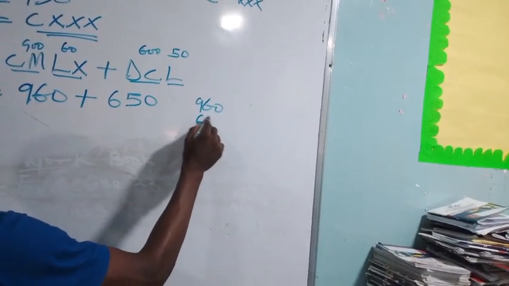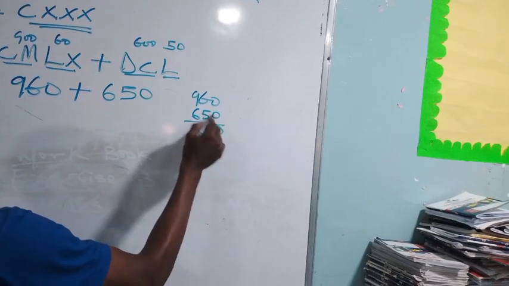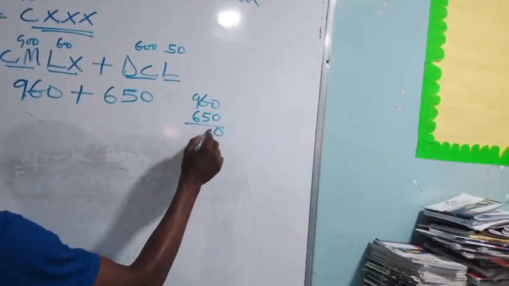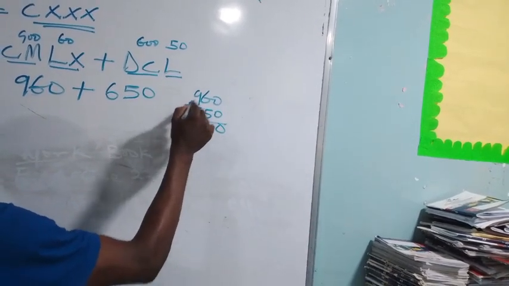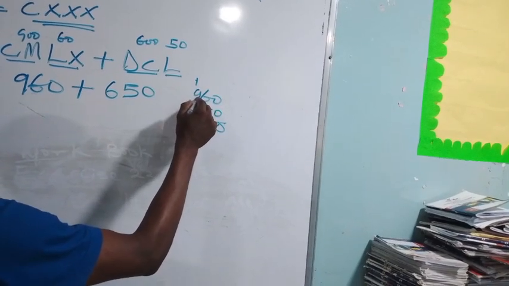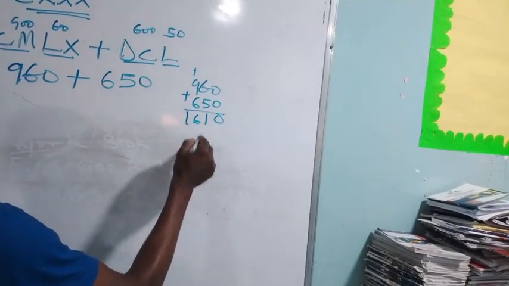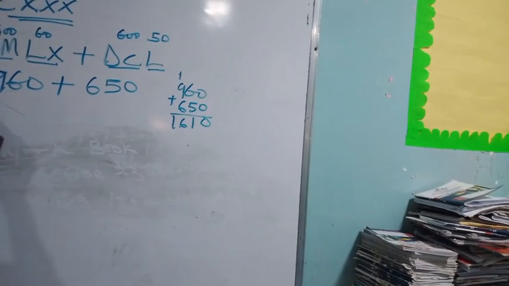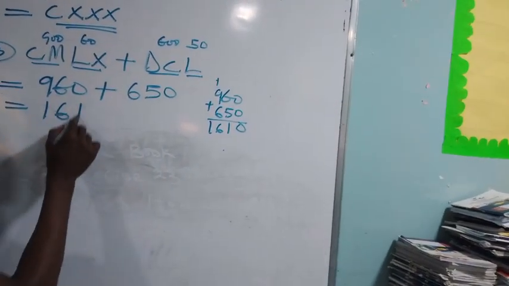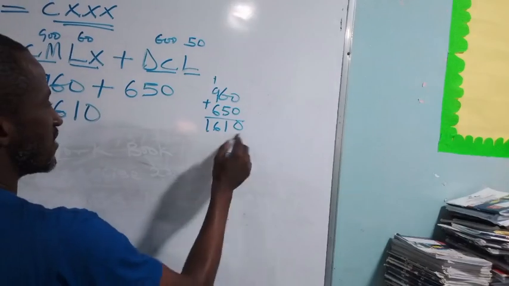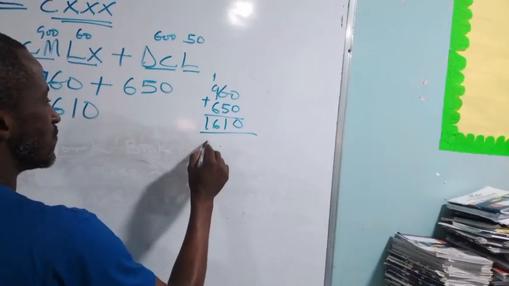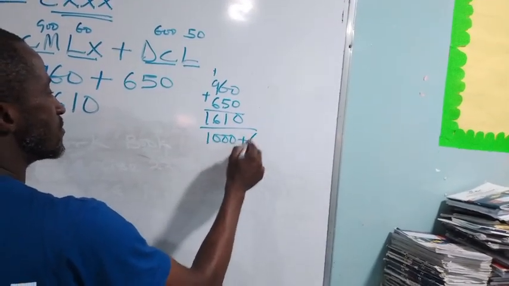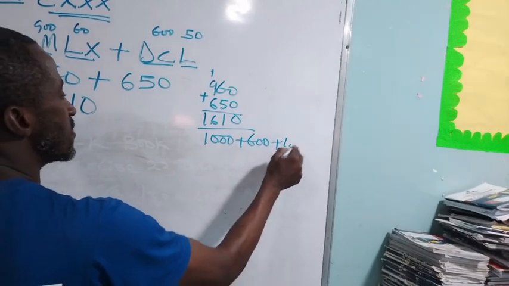So when you join the two together, 960 plus 650. 0 plus 0 is 0, 6 plus 5 will give us 11, 1 plus 9 is 10, plus 6 is 16. So we have 1610. We'll expand this number. It will give us 1000 plus 600 plus 10.